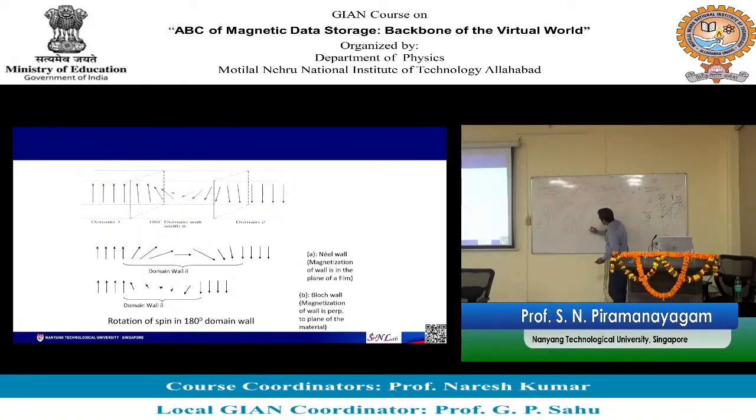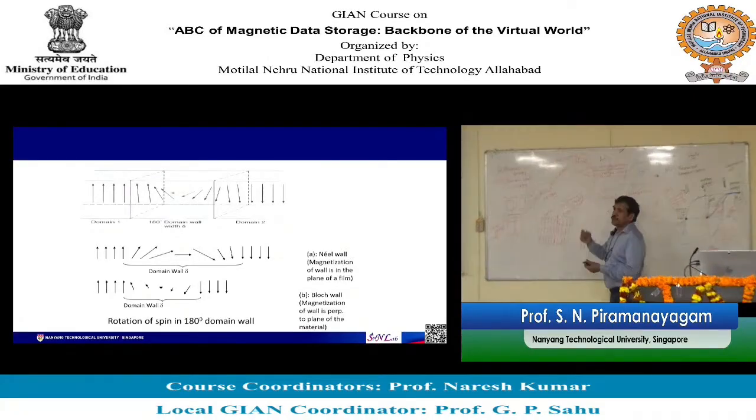If one region is like this and the other region is like this, in the intermediate region the neighboring spins make some angle. Since the spins are not parallel to each other, there is also an increase in exchange energy.